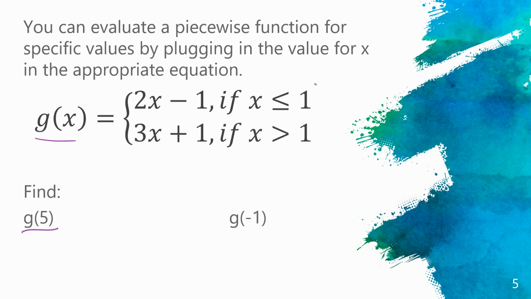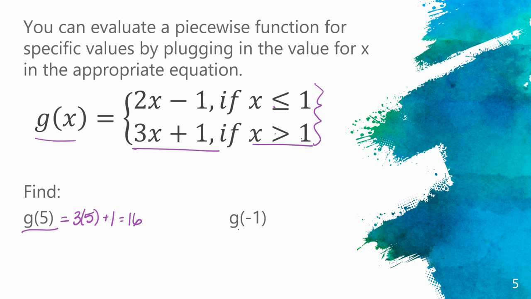So I want to go over here and say, okay, which of these is 5? Is 5 less than or equal to 1, or is 5 greater than 1? Well, clearly we know it's greater than 1, which means that I'm going to put 5 into the 3x plus 1 part. So I'm going to take 3 times 5 plus 1, which gives me 16. So g of 5 for this function is 16.